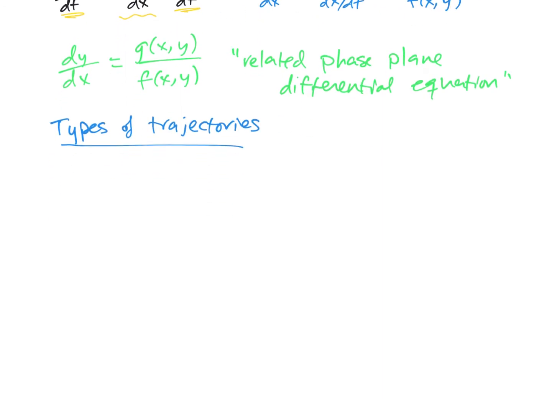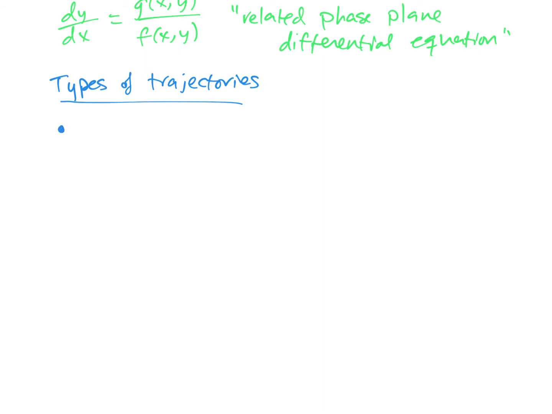So one is a single point. That's where as t moves, your point doesn't move at all. You might imagine that would happen when your dx/dt and your dy/dt are zero, because you're not moving anywhere. But we'll get to that in a second.